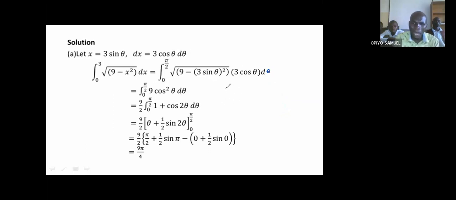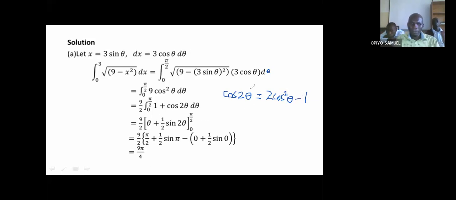So for double angle identity, we know that cos 2 theta equals 2 cos squared theta minus 1. So you make cos squared theta the subject.